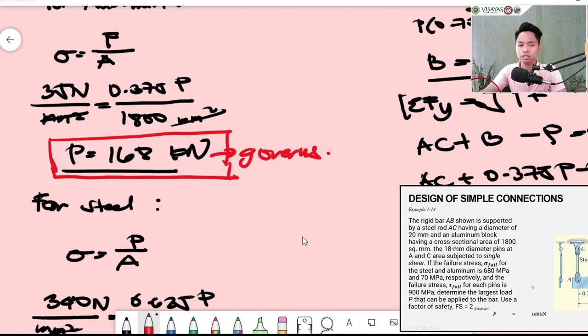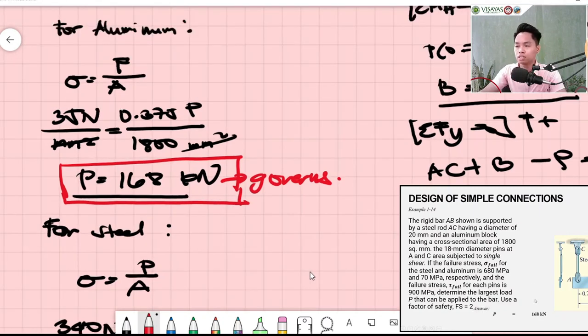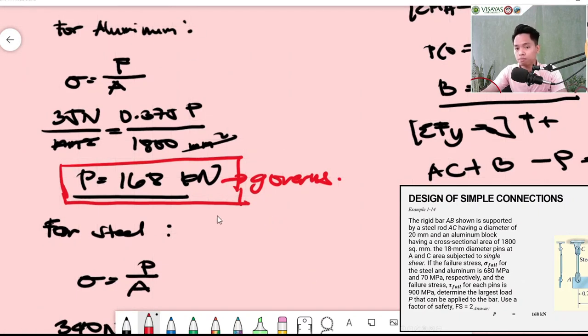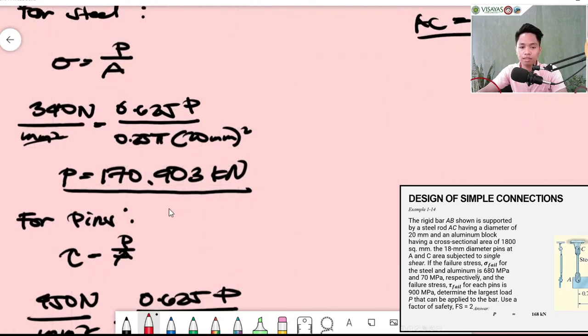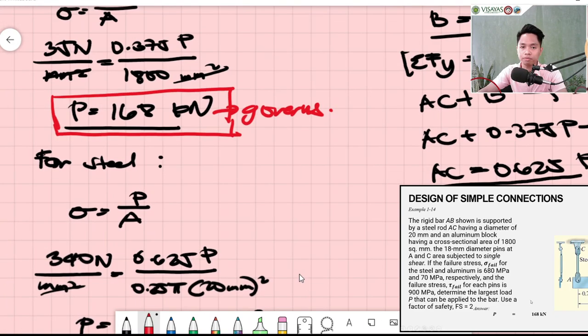Okay, it is correct. Our governing condition is the aluminum. It is the first to fail at 168 kilonewton. This is 170, this is 183, so therefore aluminum.